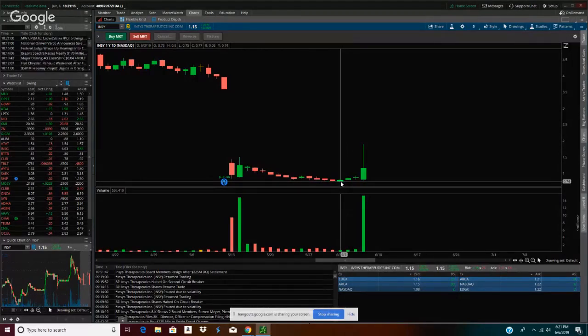So you get in the next day or even this day. This day is green. You could get in this day when it starts putting in that green day, right? But this is confirmation. Candle over candle is confirmation.